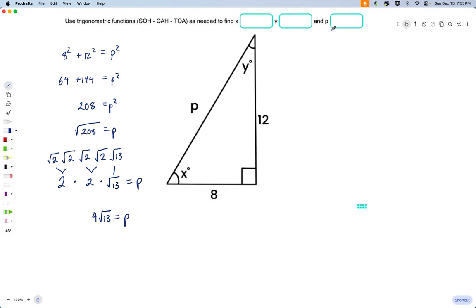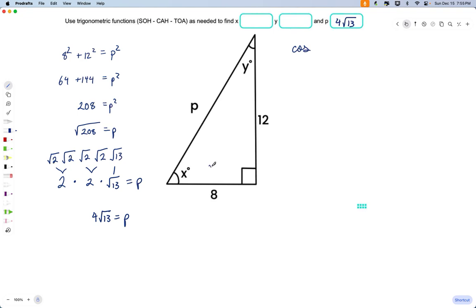Okay, now we can solve something with that. So let's use cosine. Let's find y.